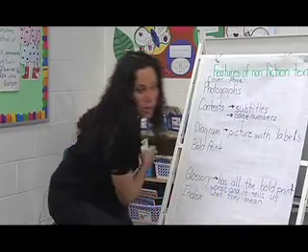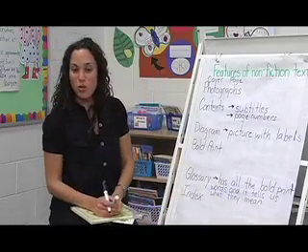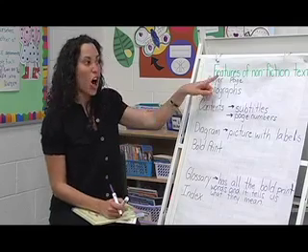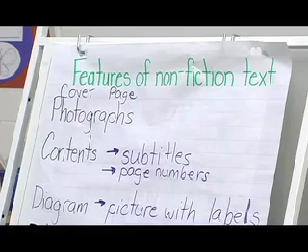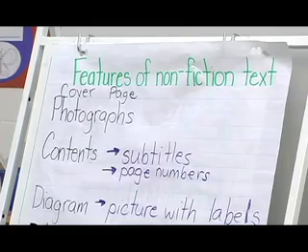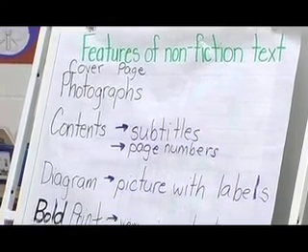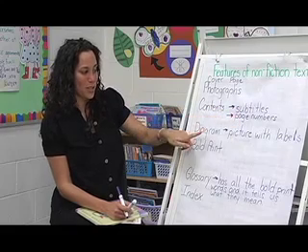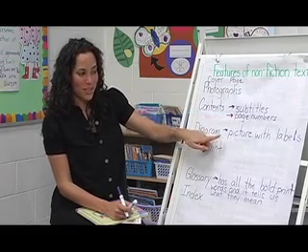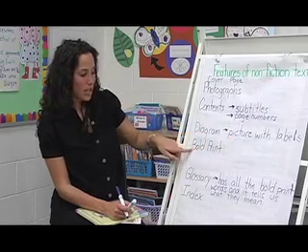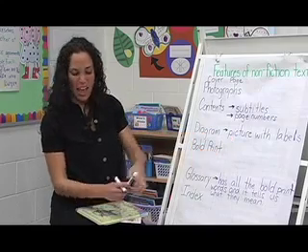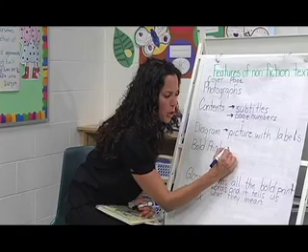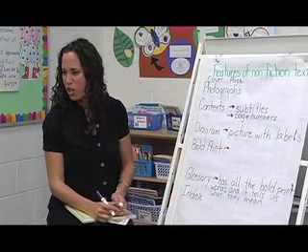So you have all been great detectives. You've discovered and learned that nonfiction text have cover pages and photographs, contents that tells us the subtitles and page numbers. There's diagrams, which are pictures with labels. We have bold print words. And how can we explain what's a bold print word? What if someone doesn't know? Brian?